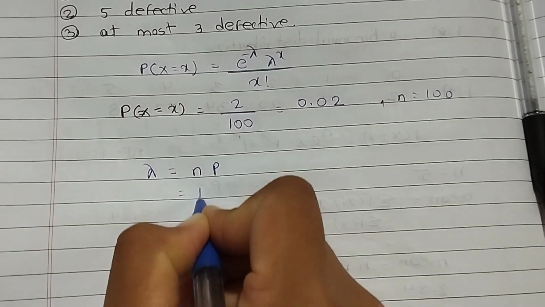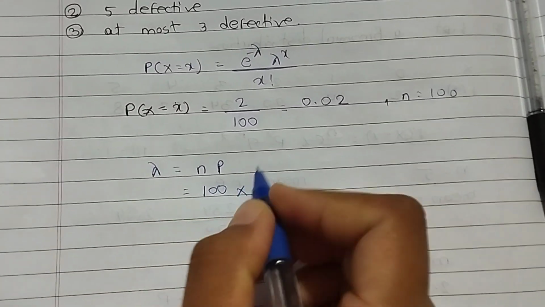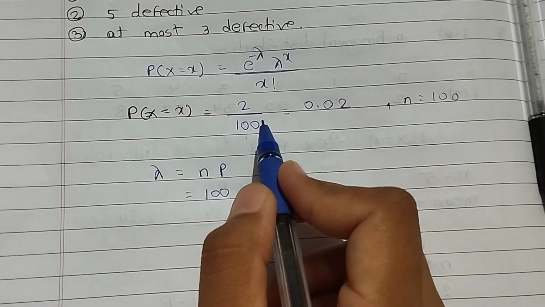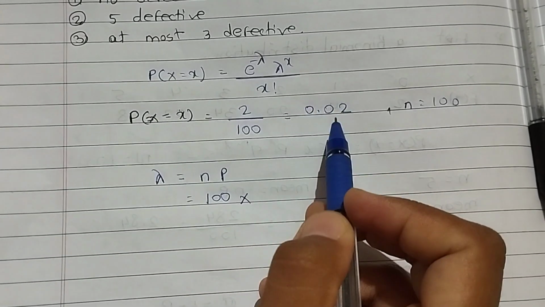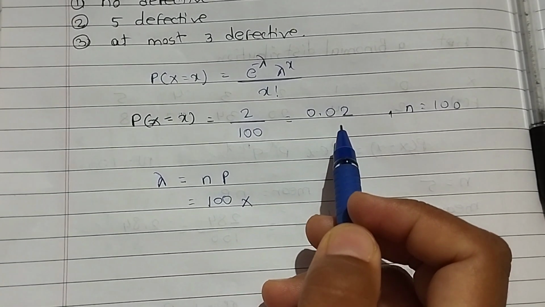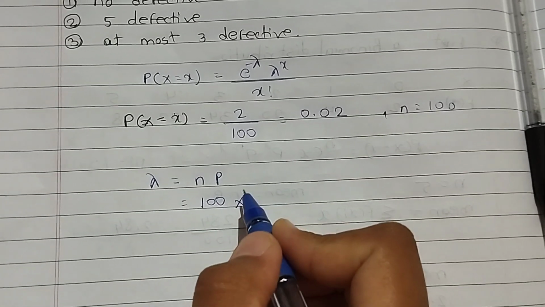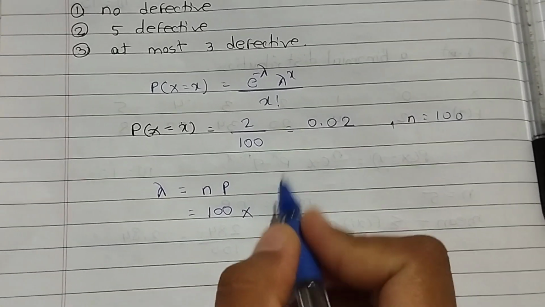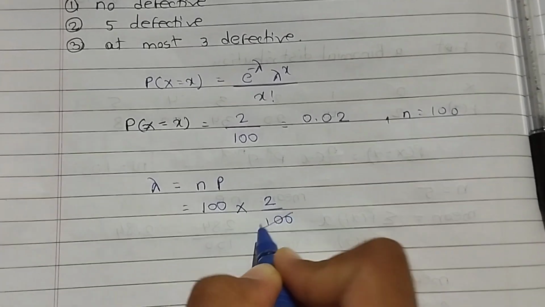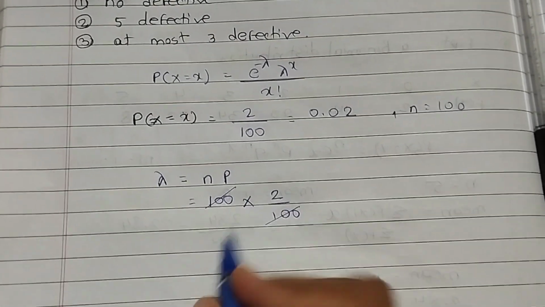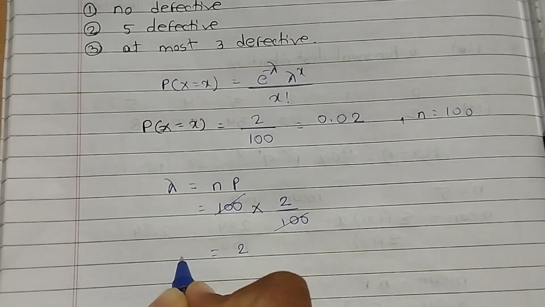The value of n is 100 and the value of p, we take 2 by 100, because if we select 0.02, then it is tricky to find the mean. But if we select 2 by 100, then directly we cancel this 100 with this 100 and we get mean is equal to 2.